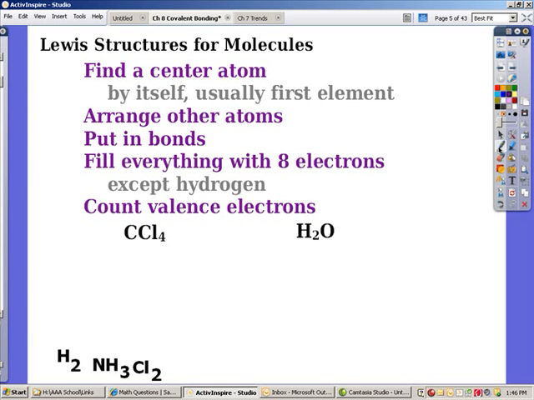All right, how'd you do? Did you get the right number of valence electrons in each one and everything bonded together like a spoke into the hub of a wheel? If you did, then you're probably doing all right. Here's what my picture looks like.